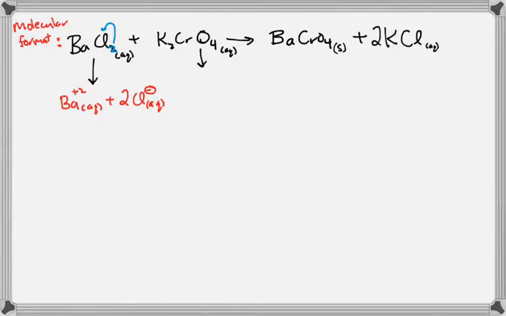So we can now move to our potassium chromate. Well, our potassium is potassium ion, K+, which is now aqueous, and chromate, which was aqueous with a -2.